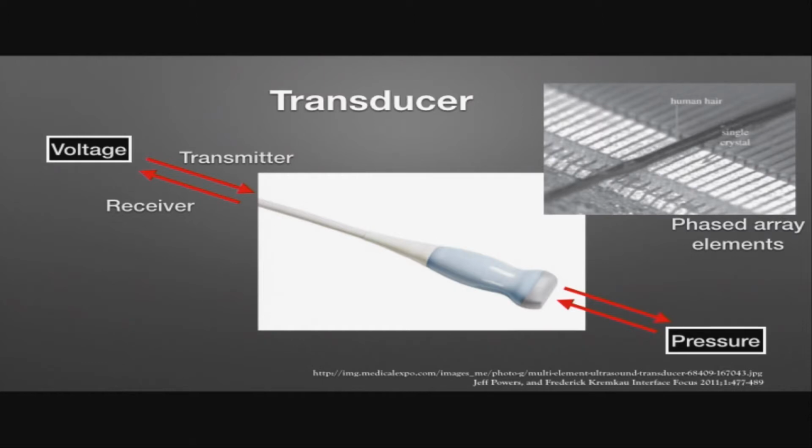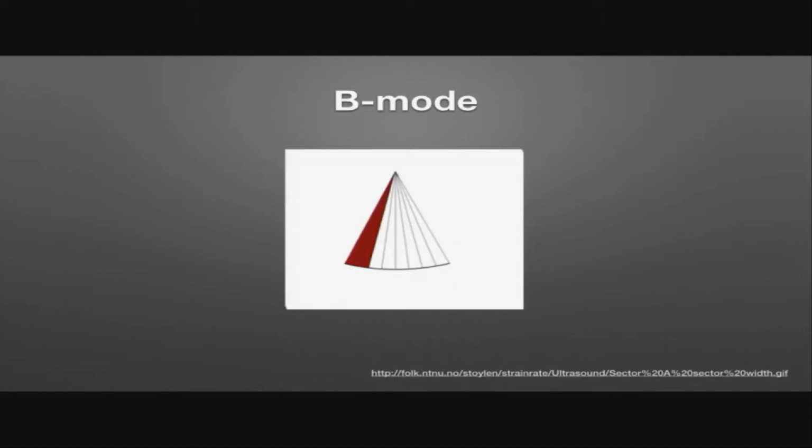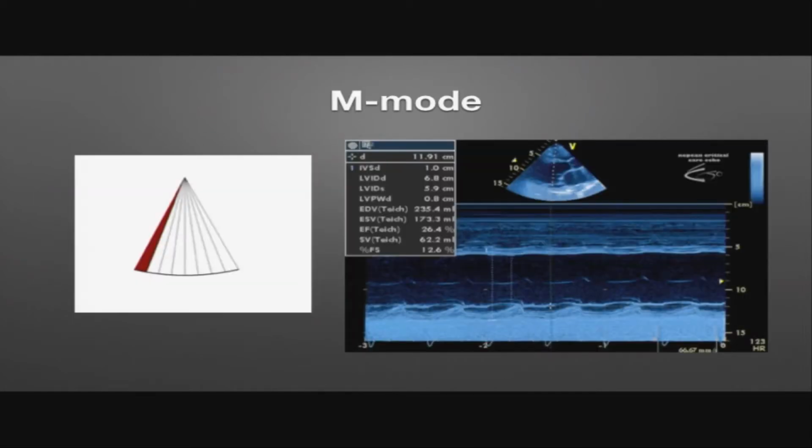So to make up the actual image itself, for something like a B mode or brightness image, this is where it sends out these pulses at a different interface, and we form the image one section at a time.